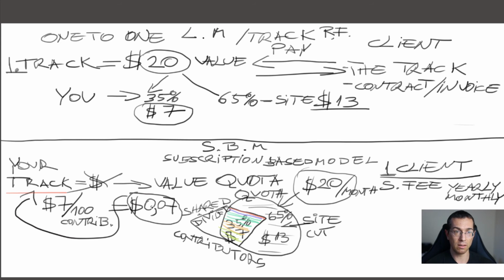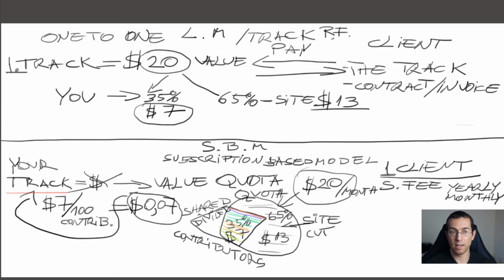That means each contributor, at the end of the month, from this one client, will receive $0.07. So if you had a track that was used by this client, at the end of the month, if you are in the subscription-based model business, you will receive $0.07 for your track.